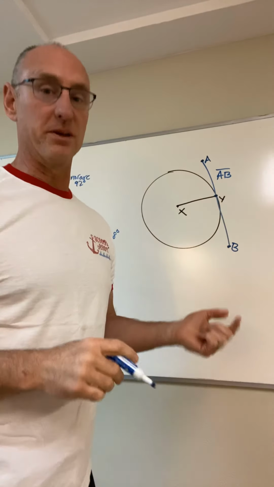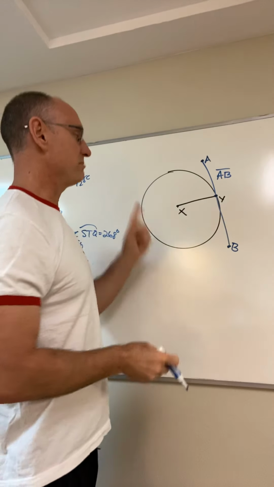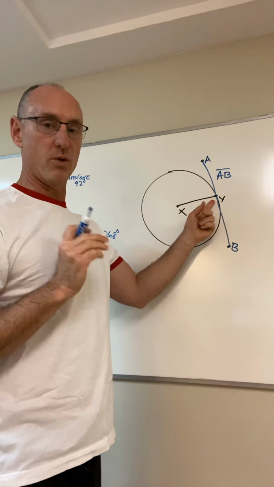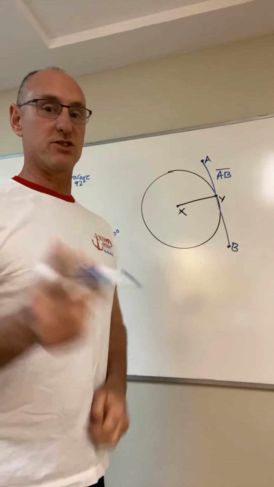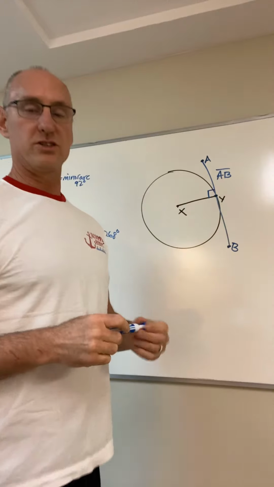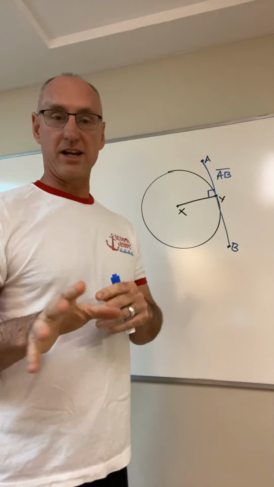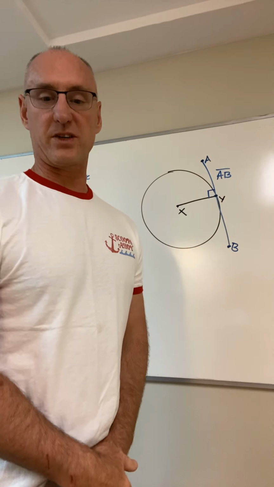That line segment is tangent to our circle X, and it meets right at the point Y. And interestingly enough, that tangent is a right angle to the radius that it connects. So those are some important concepts.